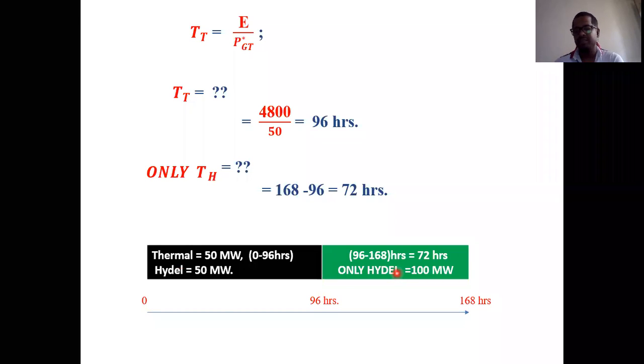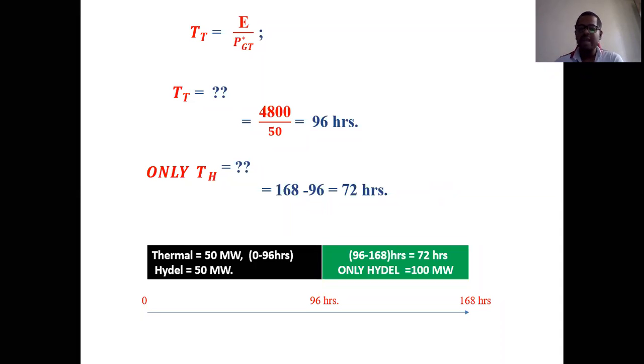PG must be equal to PD. In the second slot, from 96 to 168 hours, only the hydro power plant is producing power. The thermal power plant is not producing any power. So that's why the hydro plant must produce 100 megawatts of power.